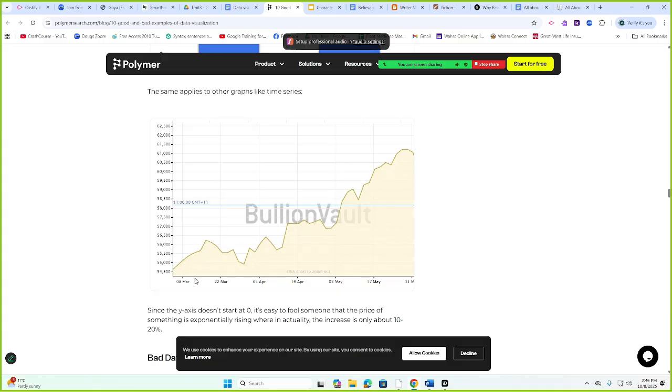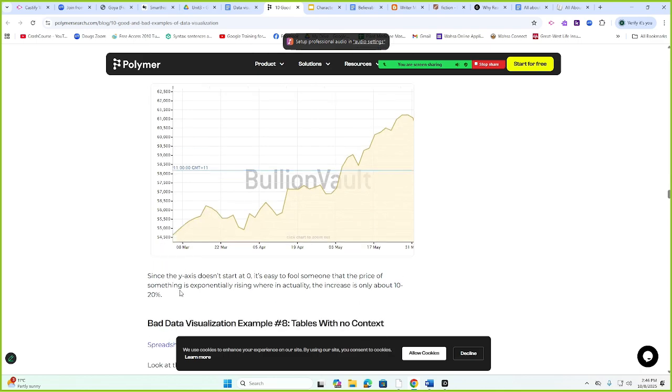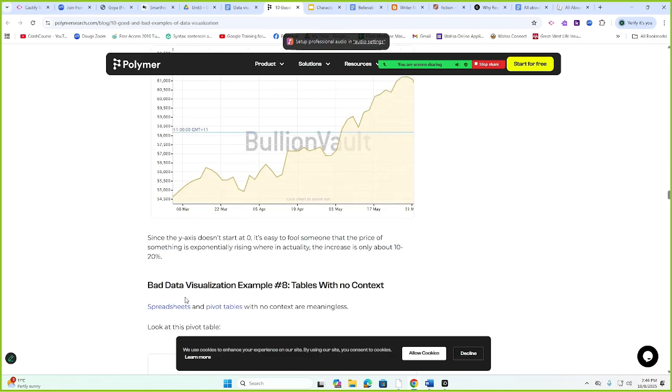So there's a lot of information missing. Since the y-axis doesn't start at zero, it's easy to fool someone that the price of something is exponentially rising, where in actuality the increase is only about 10 to 20%.